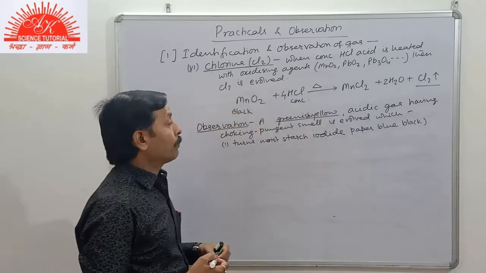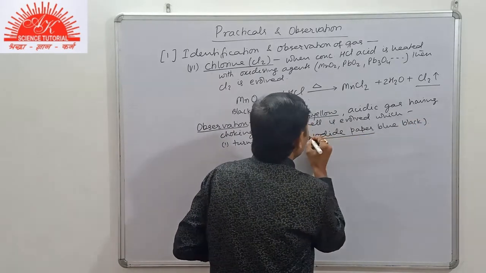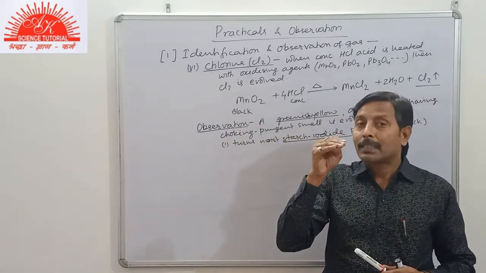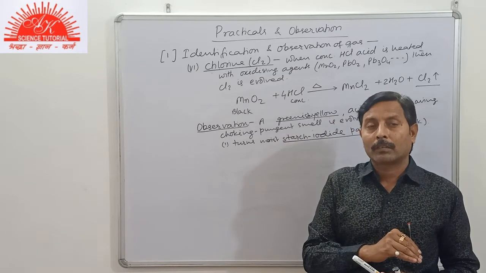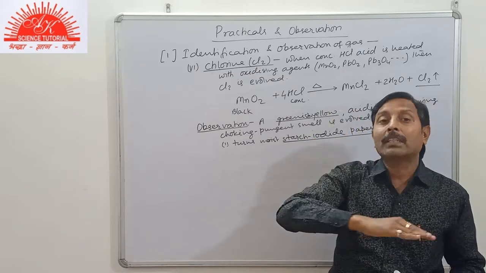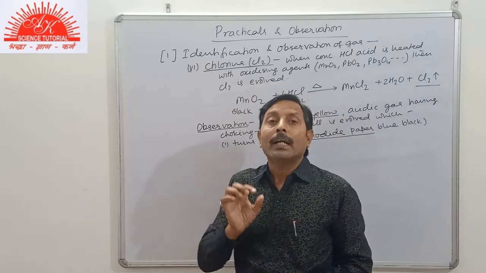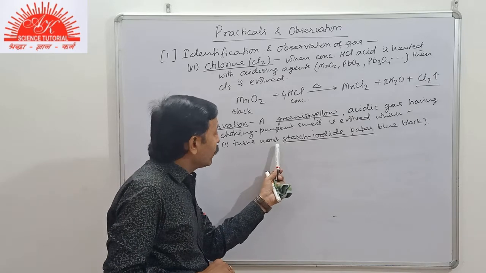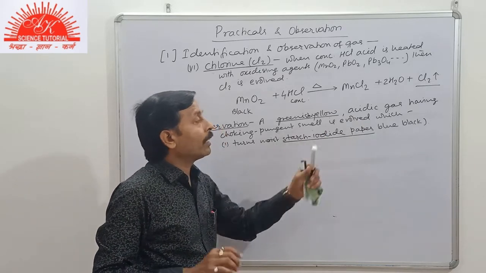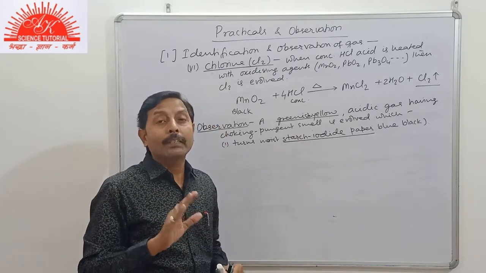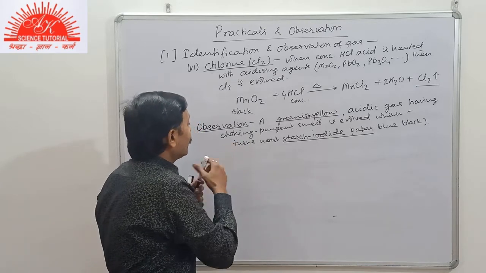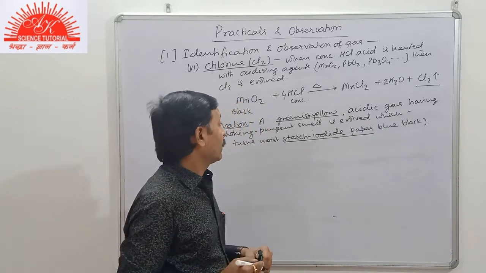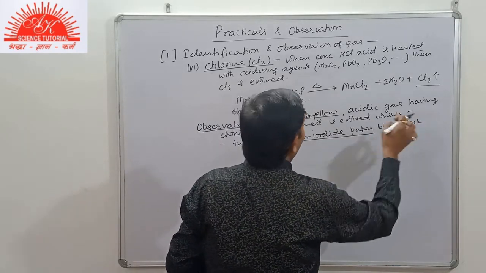A starch iodide paper means the paper dipped in potassium iodide and coated with starch is called a starch iodide paper. So when we introduce moist starch iodide paper in a jar of chlorine, then there will be a change in color, that is blue black. This is the test for starch.